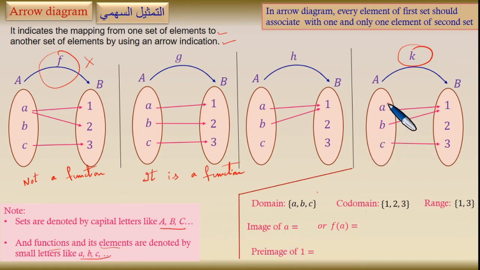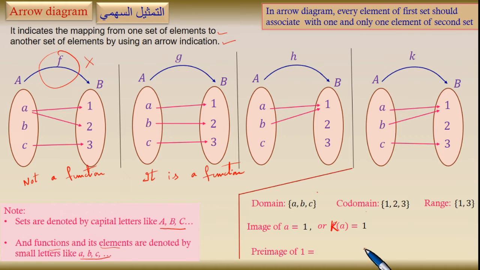What is the image of A? That is 1, right? Or you can say f of A, both are 1. Not f of A, it should be k of A, sorry, the function is k. So k of A is equal to 1.